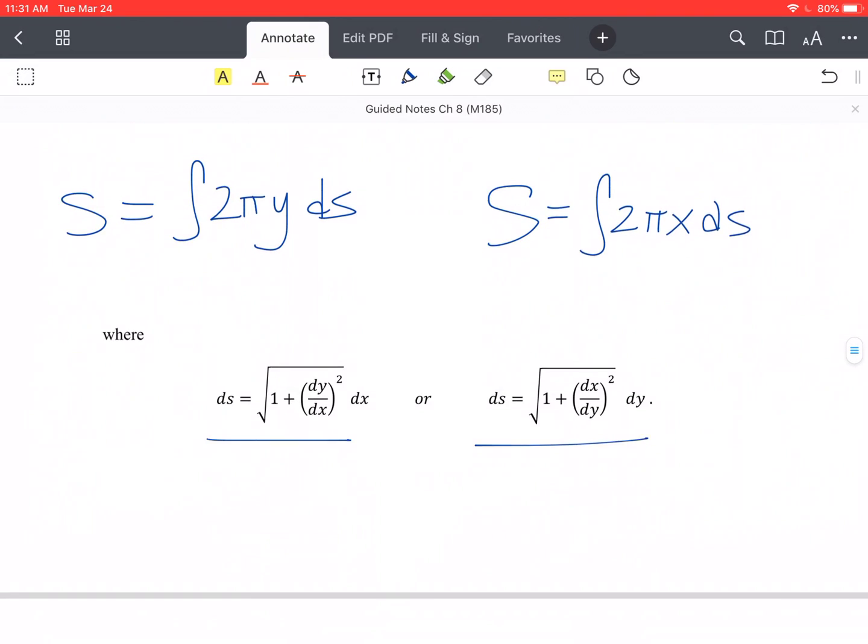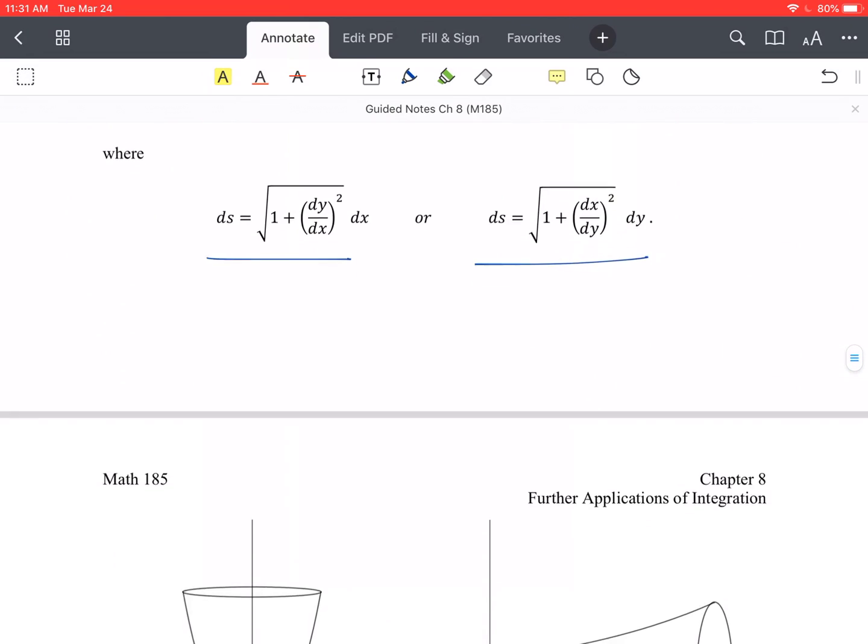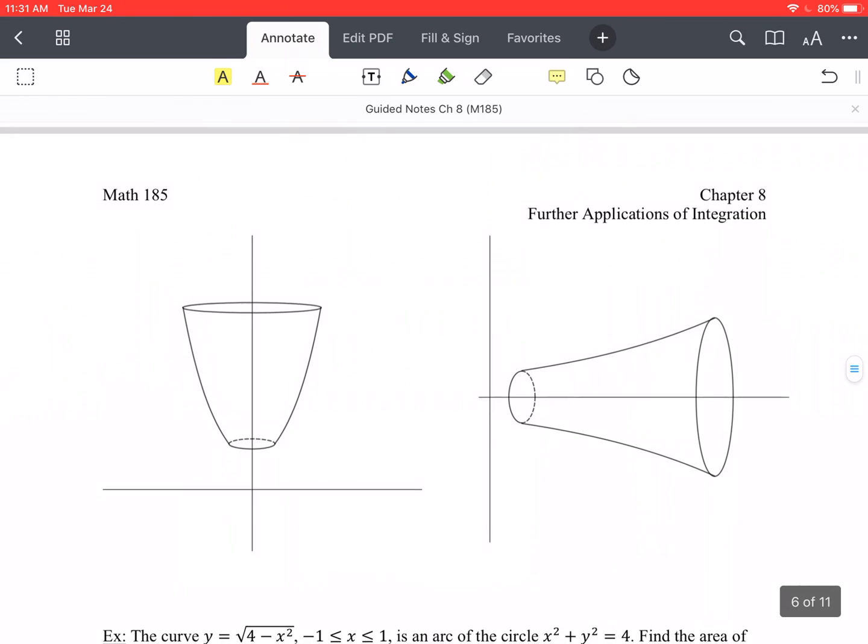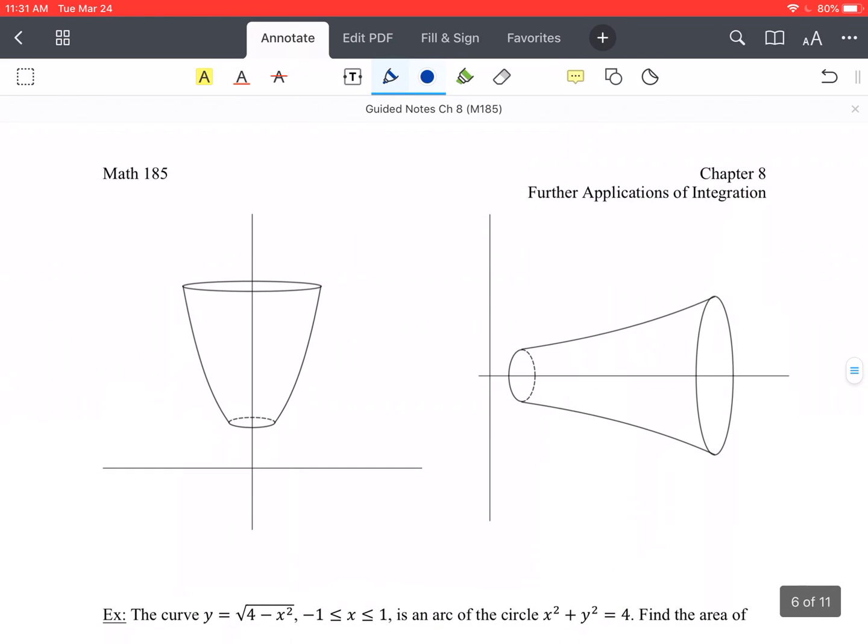Okay, so we can see on the next page here what we have happening in this scenario. So if we're rotating something about the, we'll do the y-axis first. So here's x, here's y. We take our point, wherever it may be, that's the point x comma y.